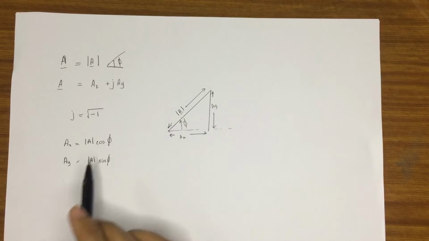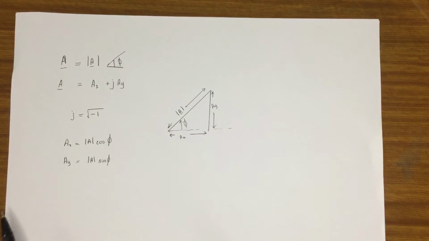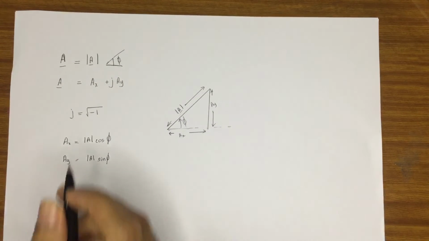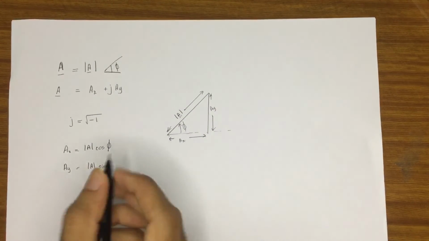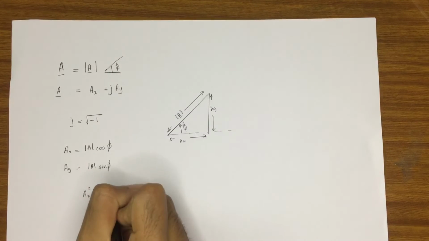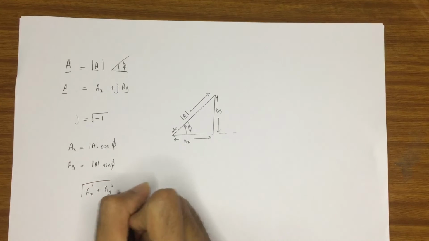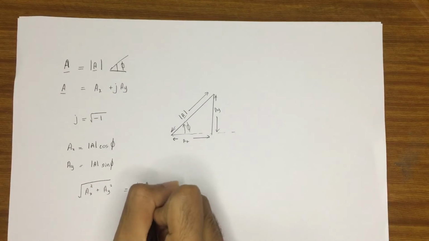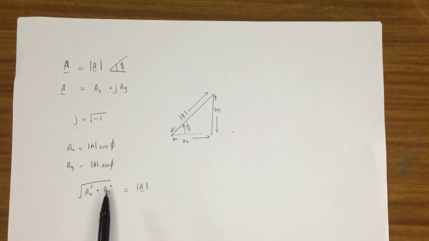From that, if you know these points AX and AY, you can directly tell what's the value of A. You can use the Pythagoras theorem over here. You'll be getting AX squared plus AY squared, and taking the root of this addition is going to return mod of A. So if you know this, you can directly tell the RMS value of the component.